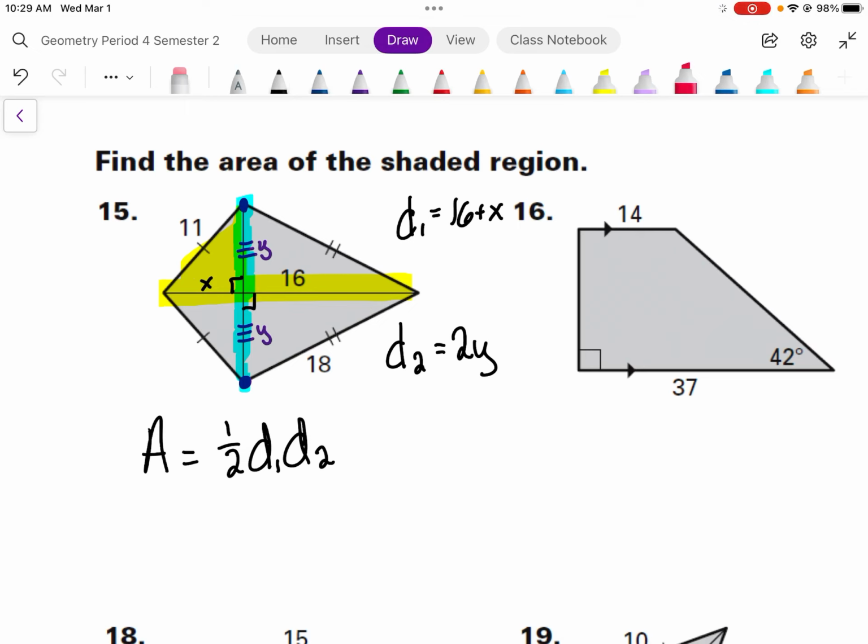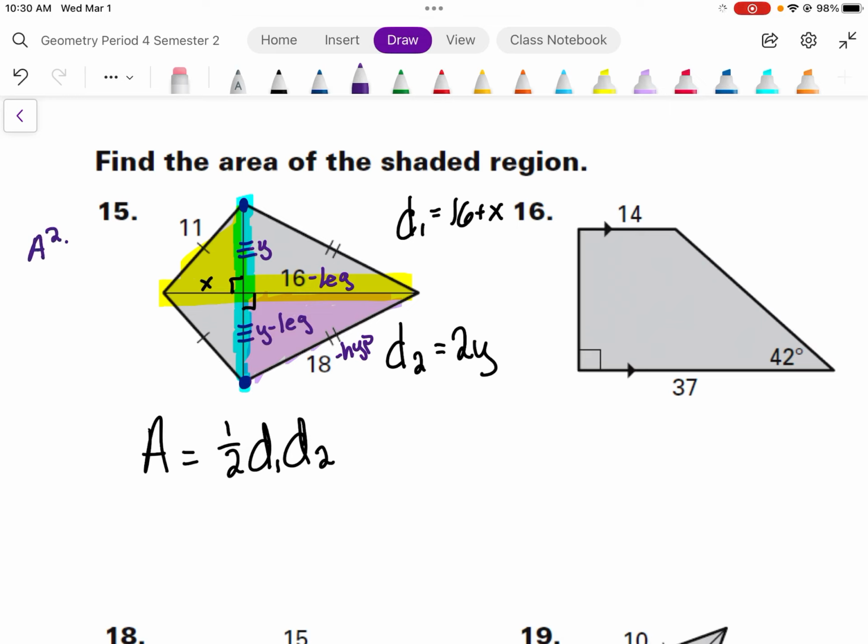And if we look, one of the triangles that that diagonal is a part of, we know two of the other sides. So in this purple highlighted triangle, we know the hypotenuse is 18, and then one of the legs is 16, and the other leg is going to be y. So we need to use Pythagorean theorem in order to solve for y.